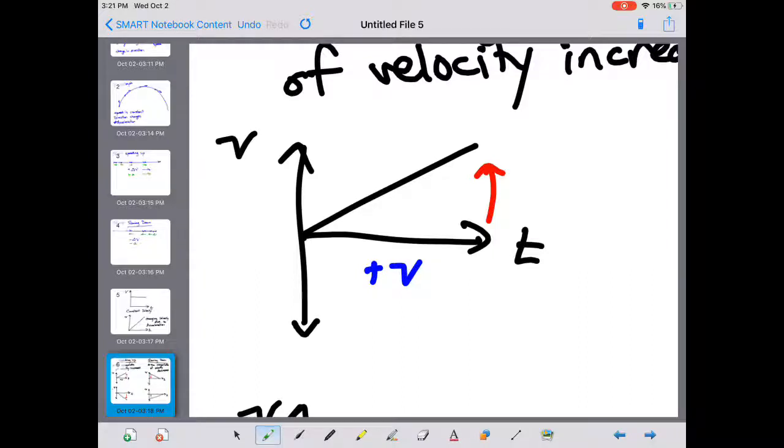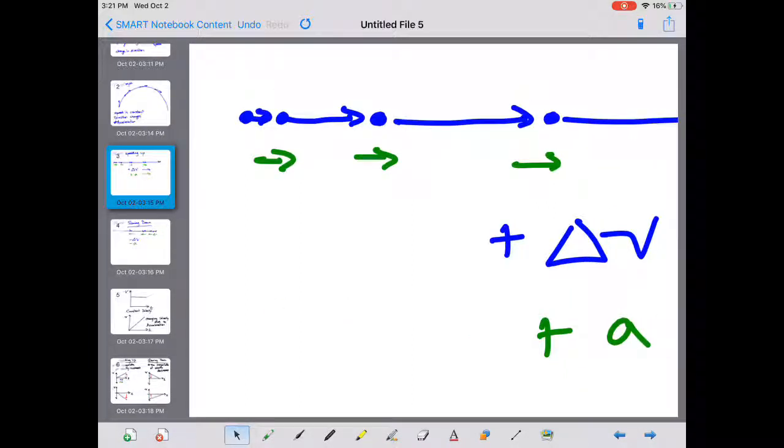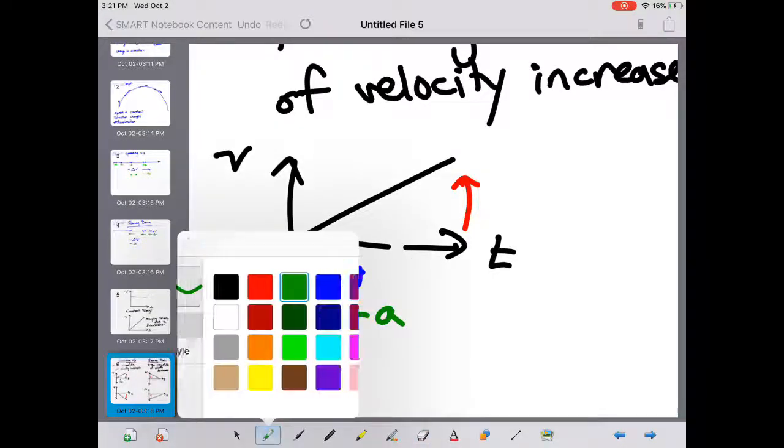So since the slope is positive, I have a positive acceleration. And like we talked about before, if I'm speeding up, I'm going to be looking for a positive velocity and a positive acceleration. And that's what I have in this case. A positive velocity, or a positive change of velocity would be a better way of thinking about this, and a positive acceleration.